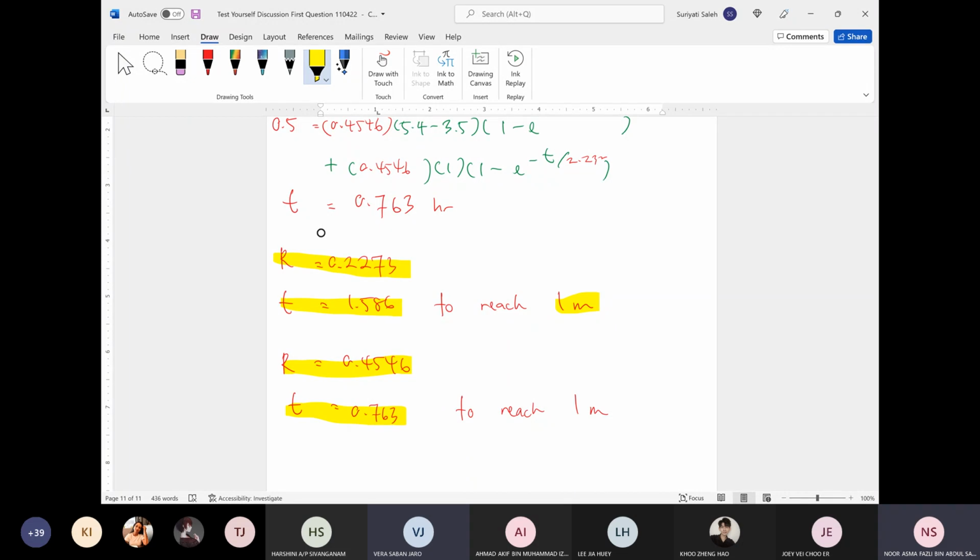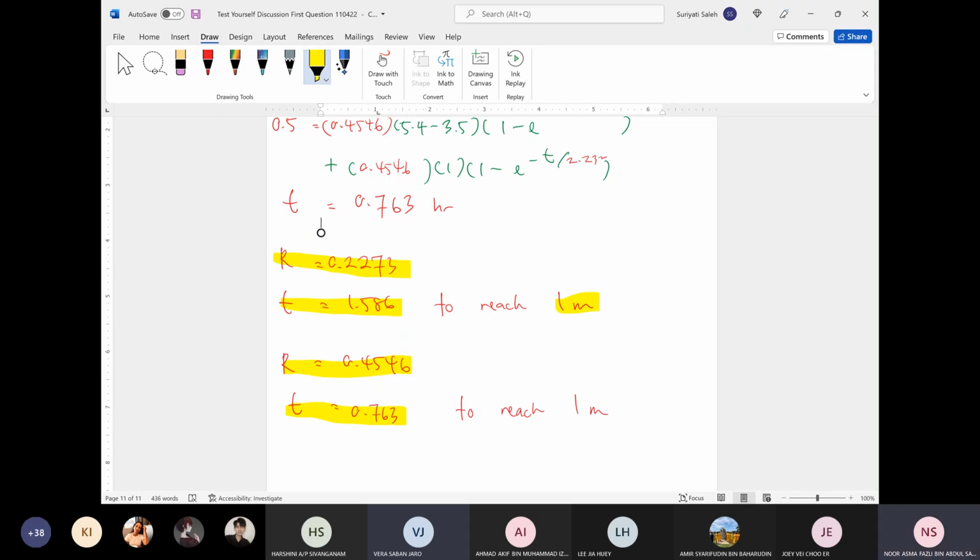So what is the effect of doubling the R value? Decreasing the time. So when the time has been decreased, then what happened to our total response? Responds much faster.